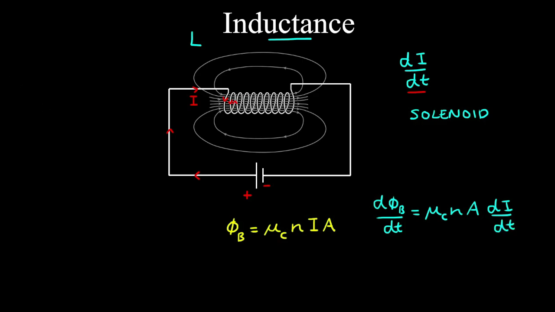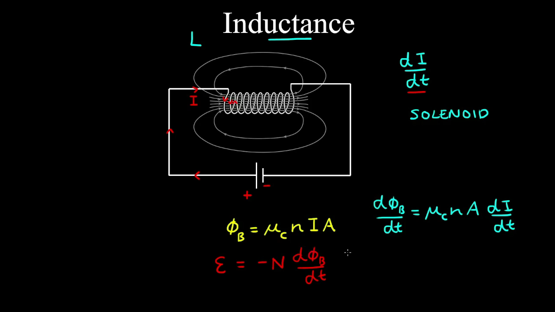And by Faraday's law of induction, changes in magnetic flux induces an EMF that opposes the change that produced it. So the magnetic flux through one loop of the solenoid is d phi B dt, and we multiply this by the number of turns to get the total magnetic flux through the solenoid.